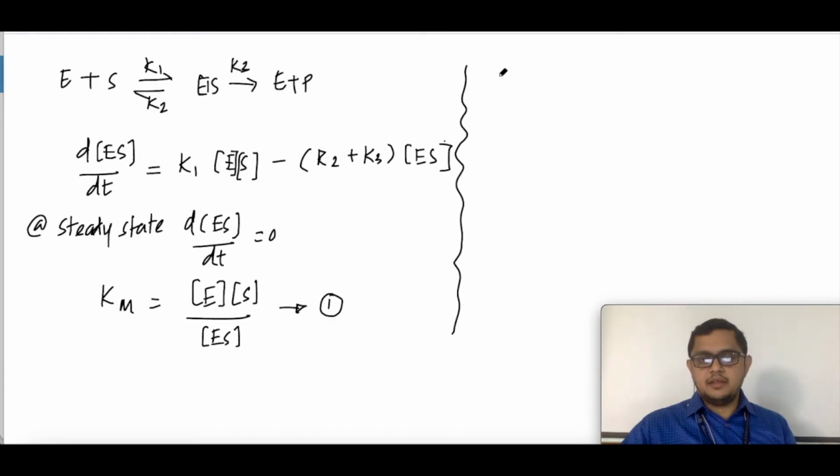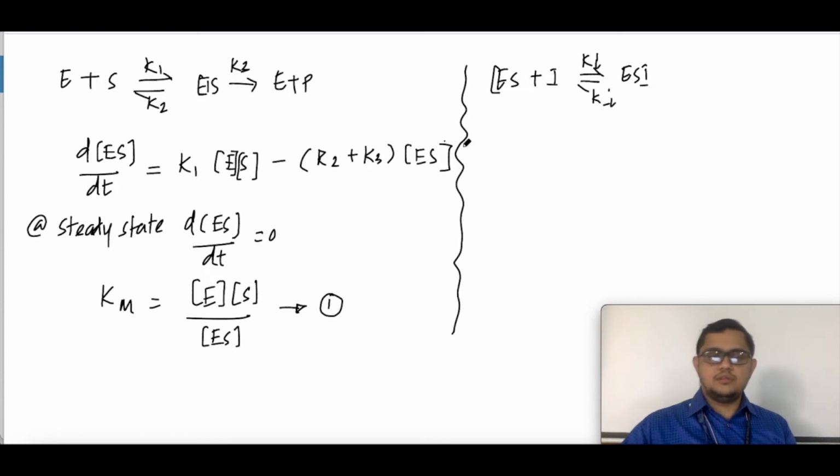Similarly, if I take the inhibitor reaction, that is ES plus I giving ESI, with Ki and K minus i.